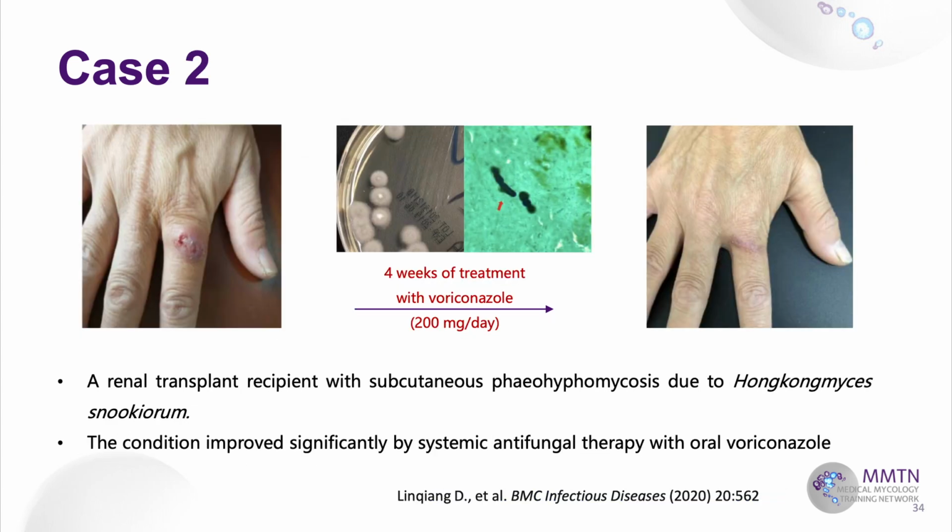The second case was reported in China, by a Hong Kong team: a renal transplant recipient with subcutaneous phaeohyphomycosis. The condition improved significantly with oral voriconazole, and was completely cured, as you can see.